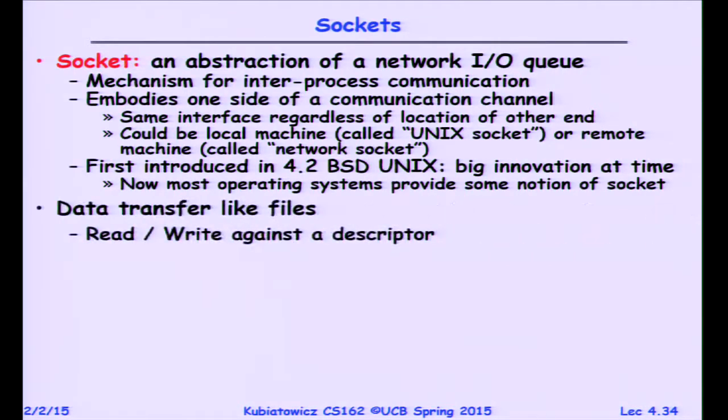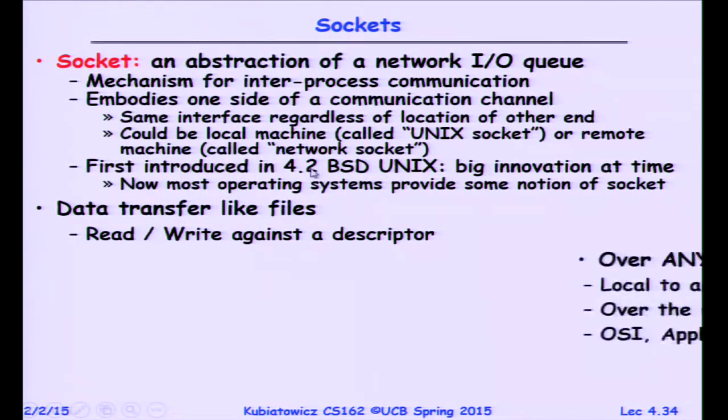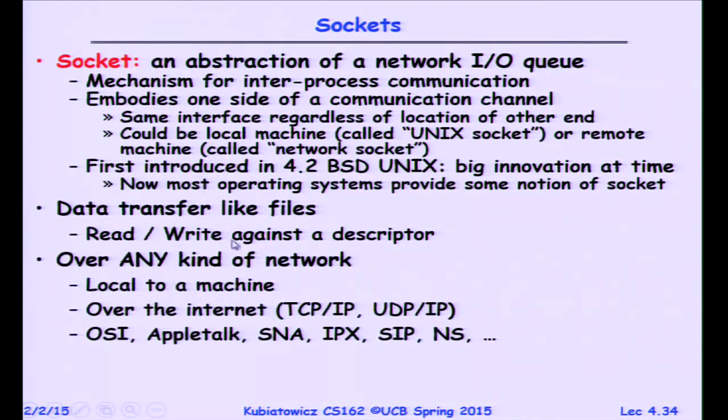The data transfer is very much like files, so you're still reading and writing against a file descriptor, just like we were doing with files, and it works over any kind of network. You don't hear much about this anymore, but there used to be all sorts of networks like AppleTalk and SNA and IPX. They all supported sockets as well.